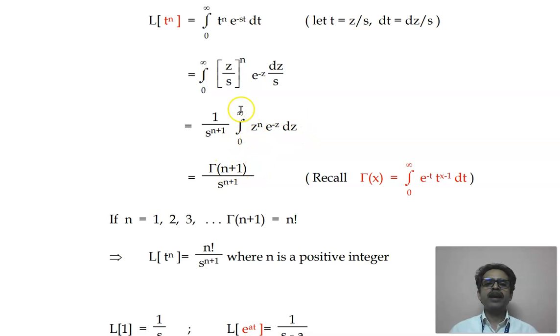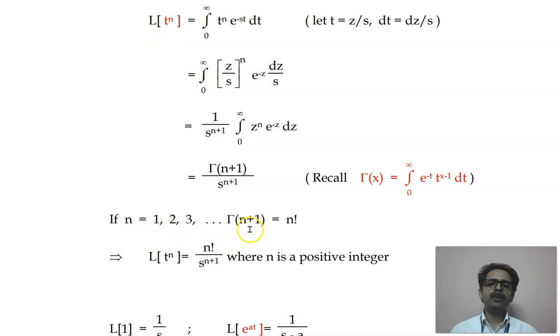If you apply the definition of the gamma function, the difference is here we have n, and there we have x minus 1. The power of t is x minus 1, and t is a variable. Here z is a variable and z has a power n, so this is actually gamma of n plus 1.